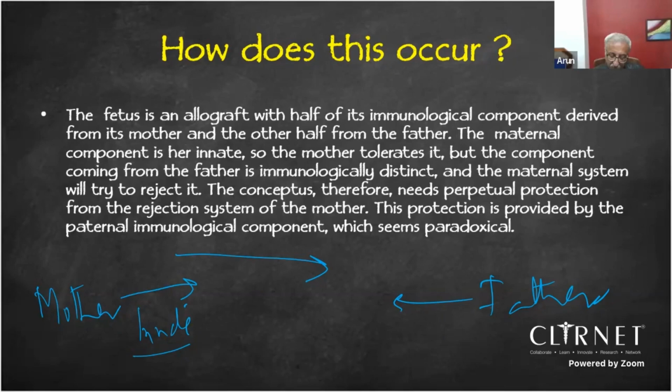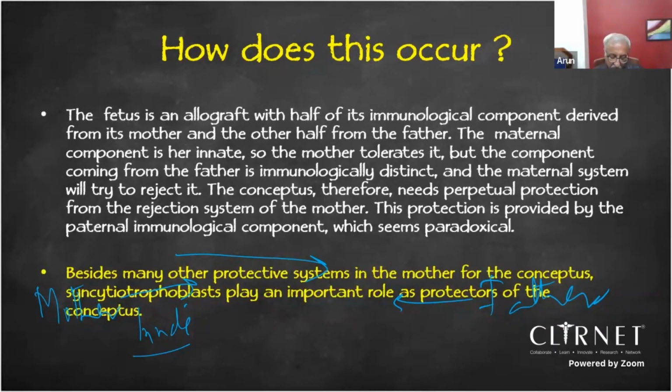Otherwise, every time you conceive it would lead to pregnancy loss. So there is a perpetual protection from the rejection system of the mother. This protection is provided by the paternal immunological component, which we otherwise think protects its own. So these syncytial trophoblasts play an important role in protection of the conceptus. All right. So this is one part.